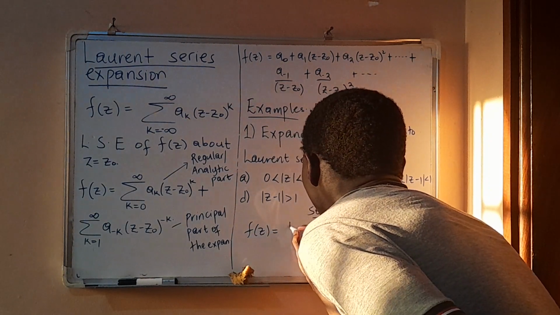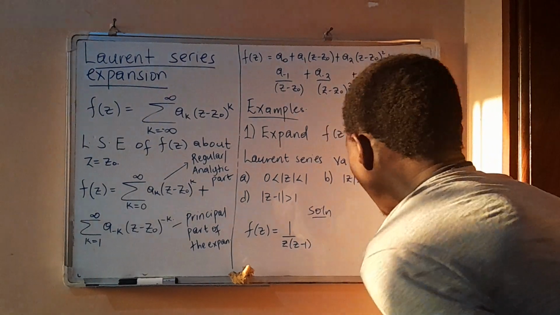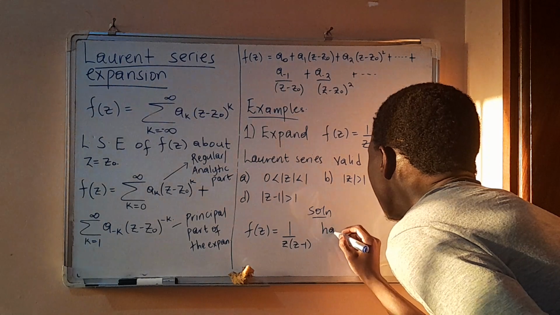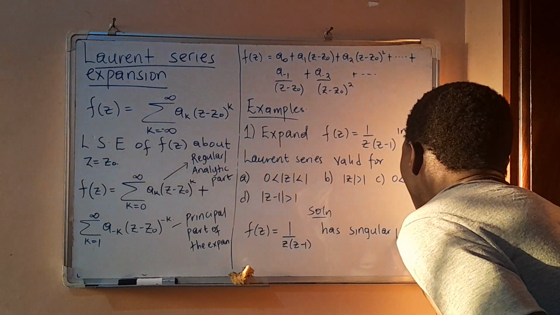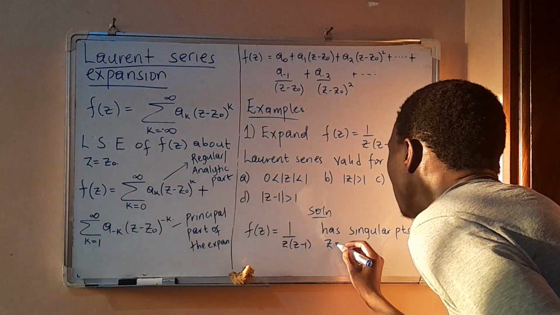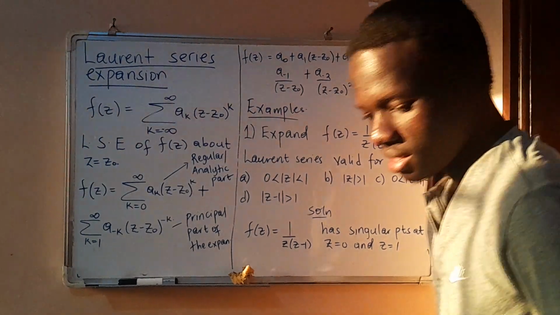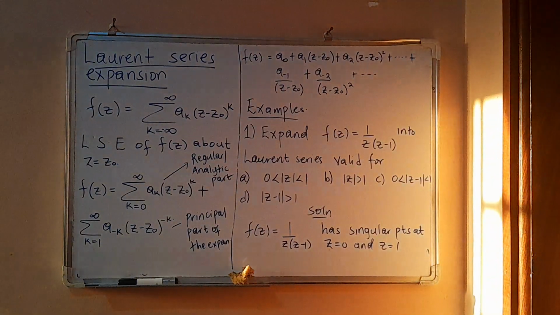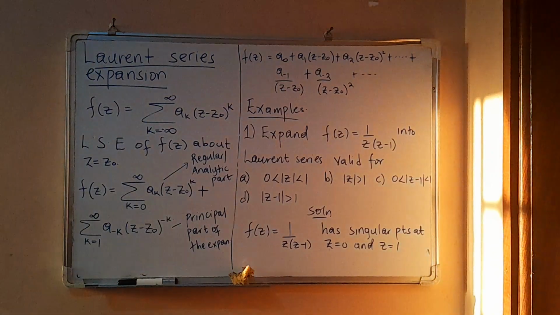Now, when you look at this question, you observe that f of z has singular points at z equals 0 and z equals 1. We obtain singular points by equating the denominator to 0. When we do that, we obtain z equals 0 and z equals 1 as the singular points of that function.